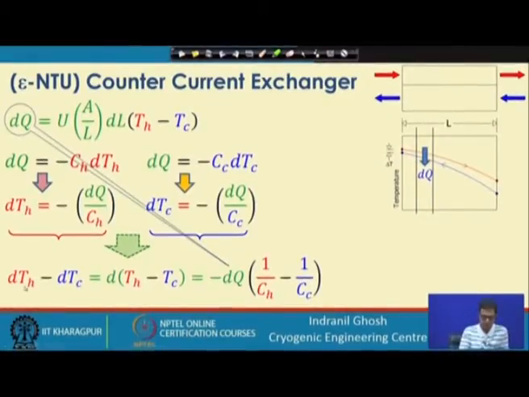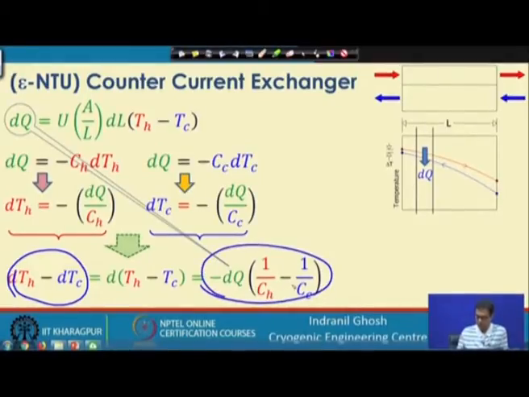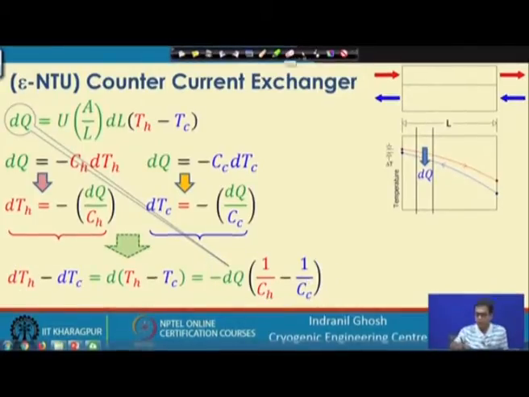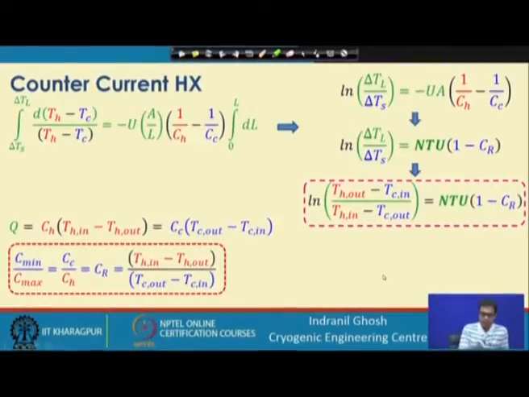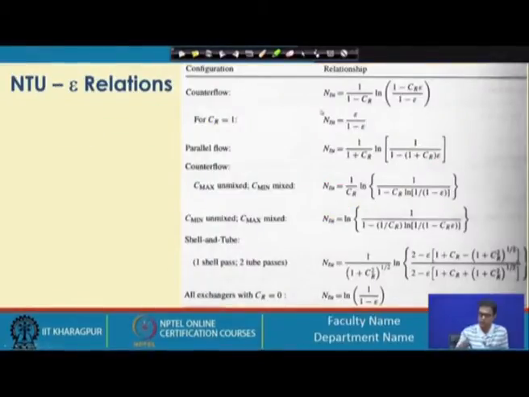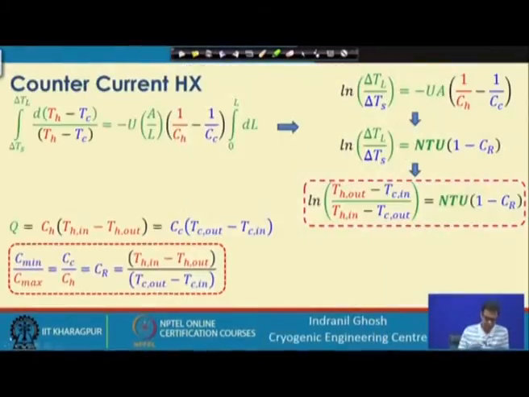There we obtained an expression where dT_H minus dT_C is related to dq and 1 over C_H minus 1 over C_C, and from there we obtained this relation. This was the relation we obtained in the earlier discussion.